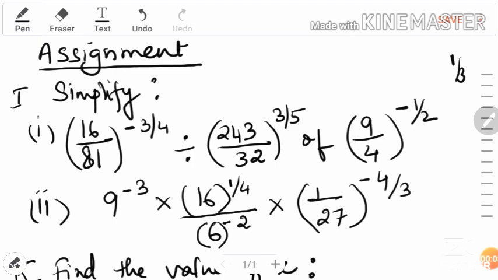With this, we come to the end of this video class and also of this chapter. After writing the problems solved in the video class in your notebooks neatly, do this assignment. There are two questions. The first question is simplify and find the values of the expressions given.